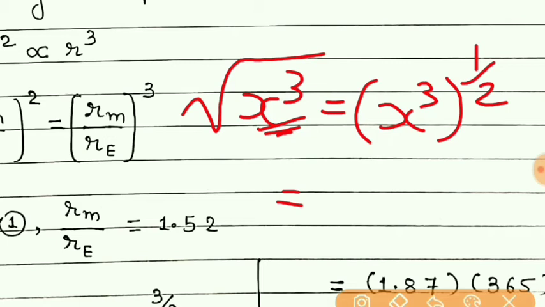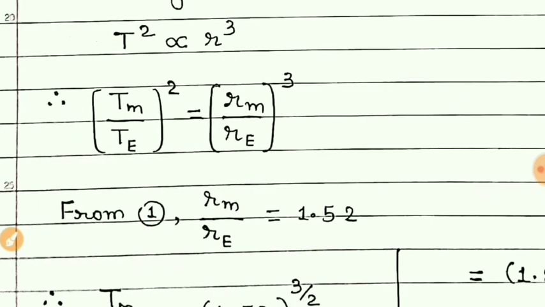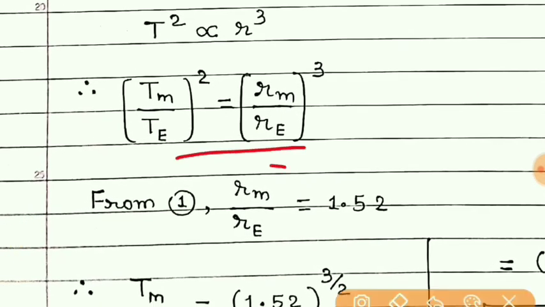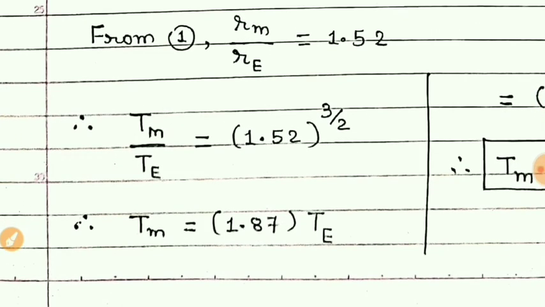Now if you open this bracket, what can you write? You can write x raised to 3 by 2. Why? Because 3 into 1 by 2 is 3 by 2. So the same thing is done here. I hope you understood this.